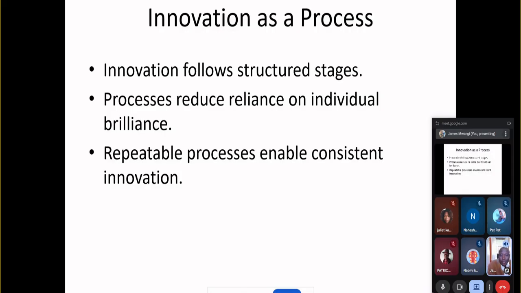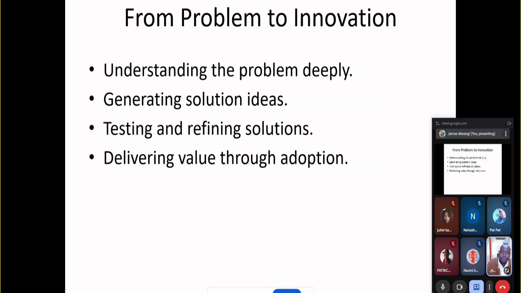You don't buy unnecessary stuff. You reduce ambiguity. So repeatable processes enable consistent innovation. That idea of achieving the same good taste of food, sio kuangukia, is the same way in innovation, so that we can enable consistent innovation.